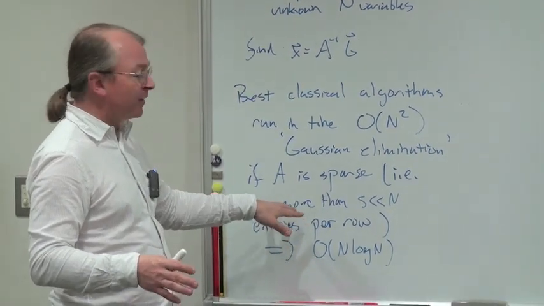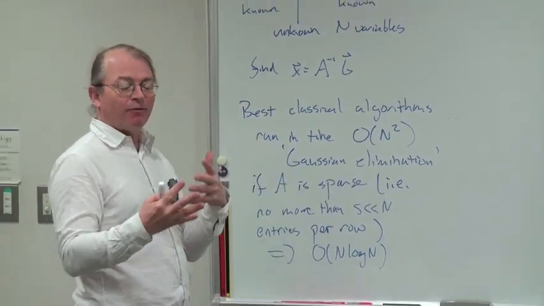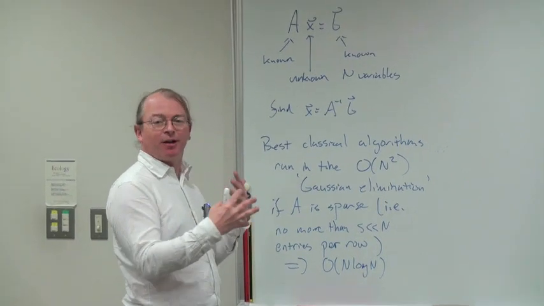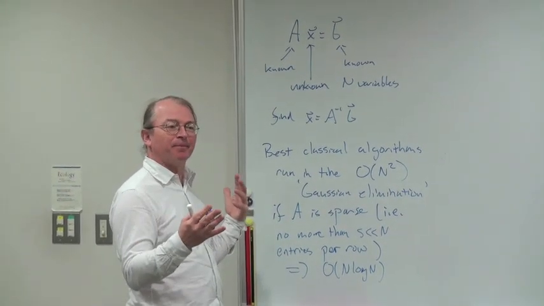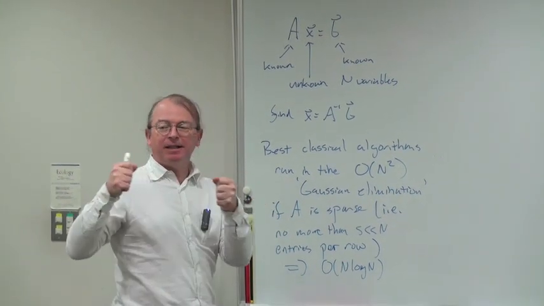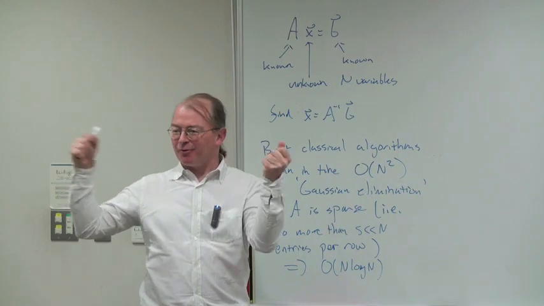By the way, this kind of problem occurs all the time when, for instance, you have a discretized version of some partial differential equation. Then each variable is only related to a few other variables.